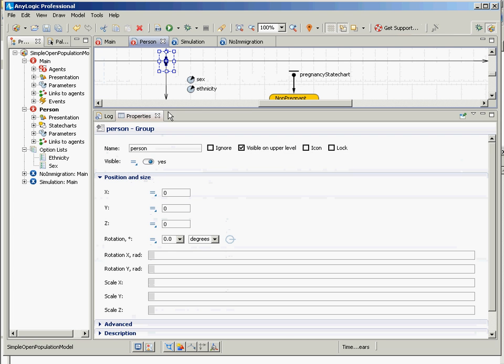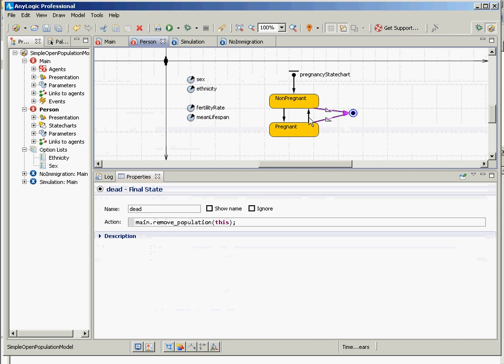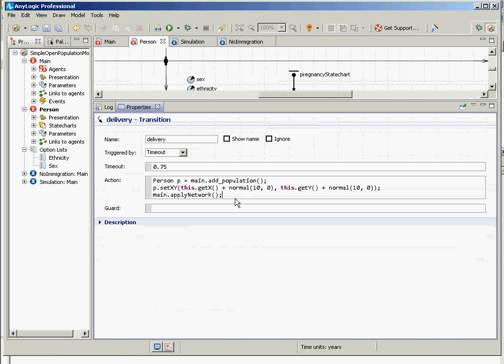Okay, so I'm going to now fill in a few of the details which I left non-specific. So you folks tell me. When a baby is added, we have not specified its sex or ethnicity. What should its ethnicity be? The same. We can make it the same as the mom's.